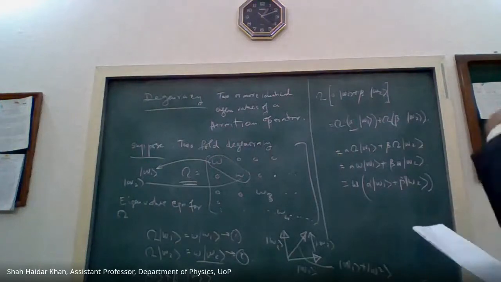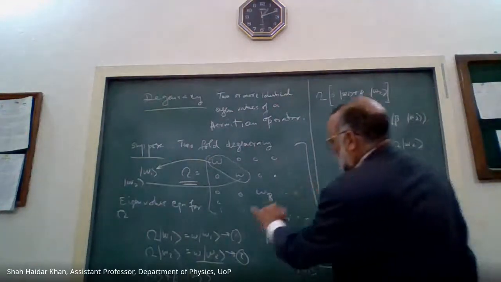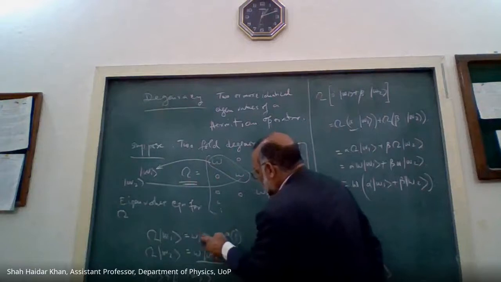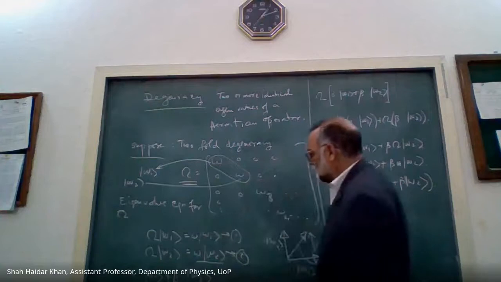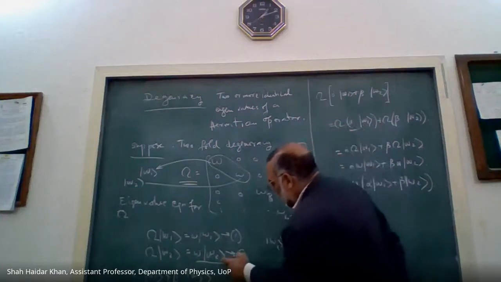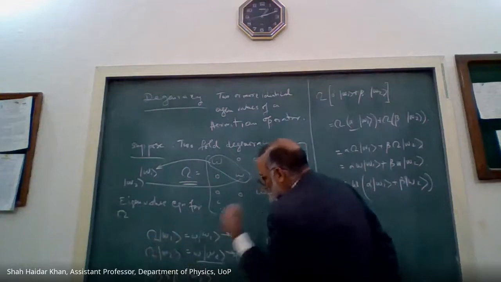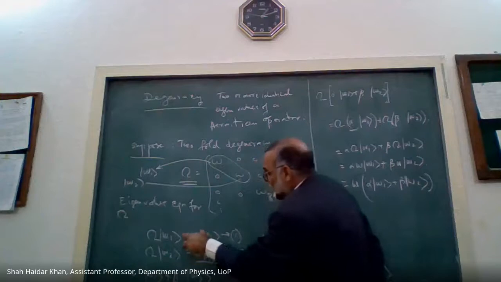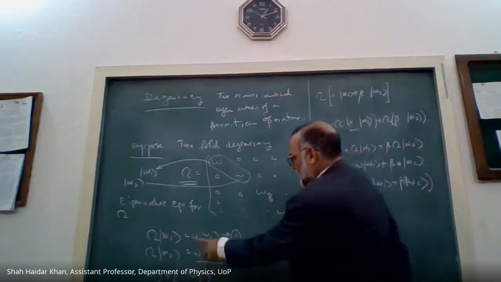So look, here we say this is an eigenvector of this operator, the same operator, with eigenvalue omega. Here is a twofold degeneracy.